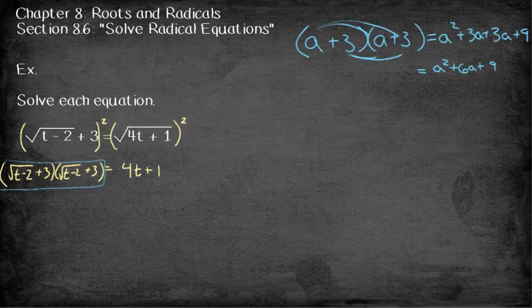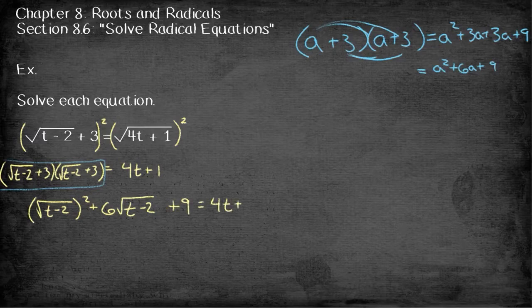And that a is really our square root of t minus 2. So let's go ahead and put that in. So here we get t minus 2 plus 6 root t minus 2 plus 9 equals 4t plus 1.